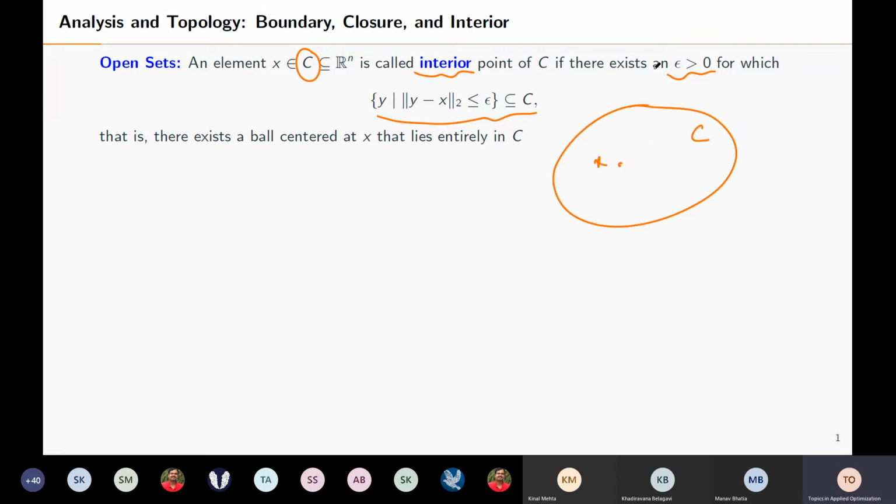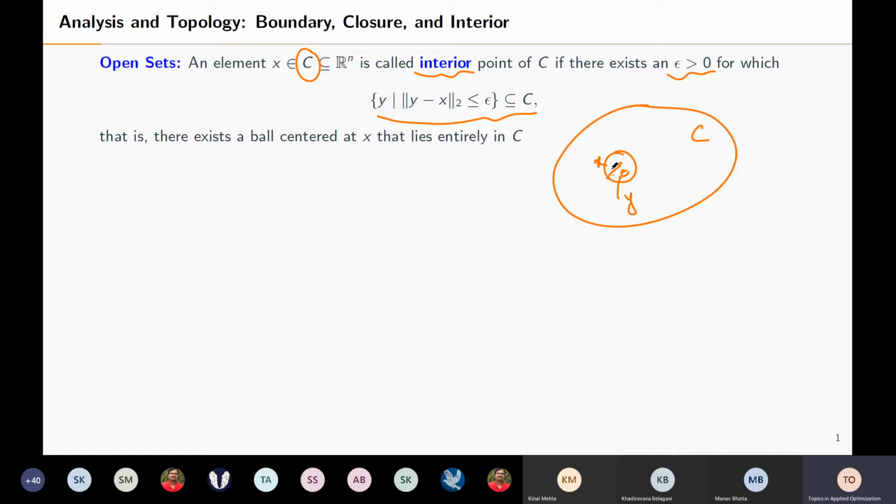So an element x in C is an interior point of C if there exists an epsilon ball. Let us say this is the 2-norm, so it will look like a ball. These are the points y with a distance less than epsilon, so this is the epsilon radius ball.